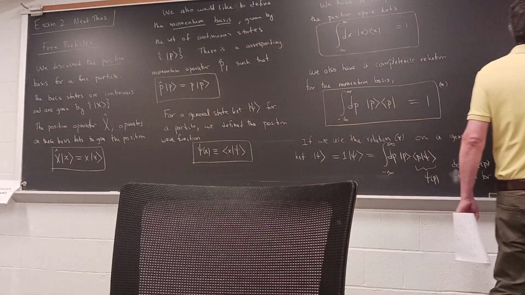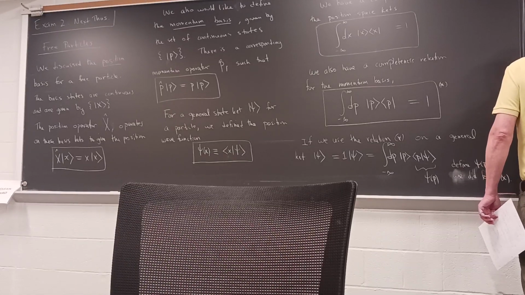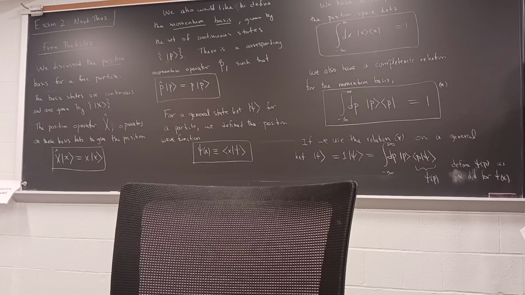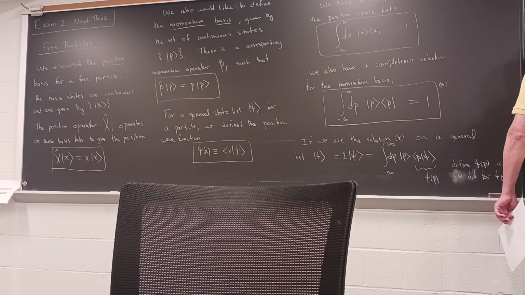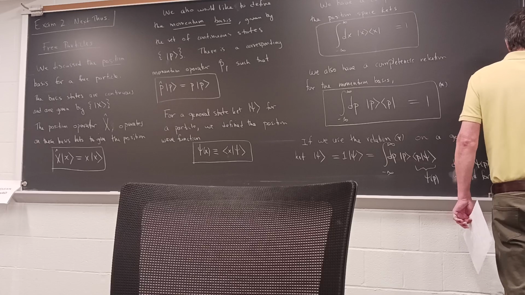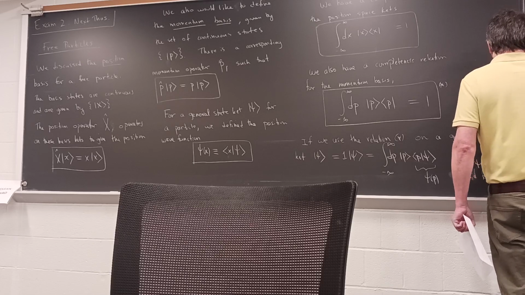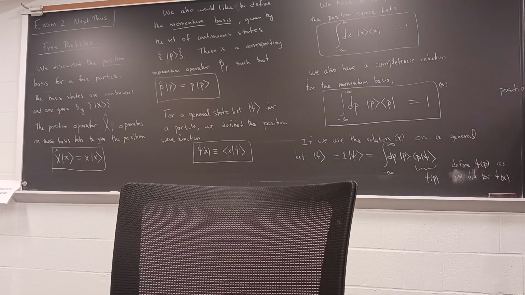And this is psi of x on the left, so we have a relationship between psi of x and psi of p, if we just know what this <x|p> is. So this equation gives the relationship between the position space representation and momentum space.